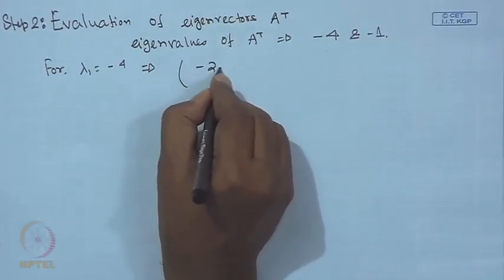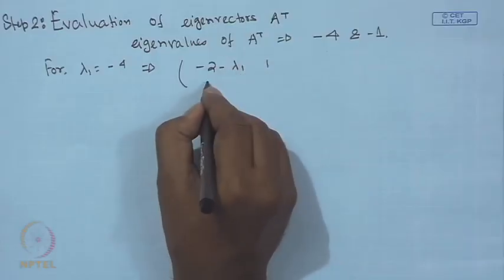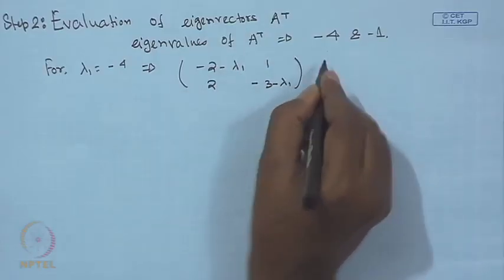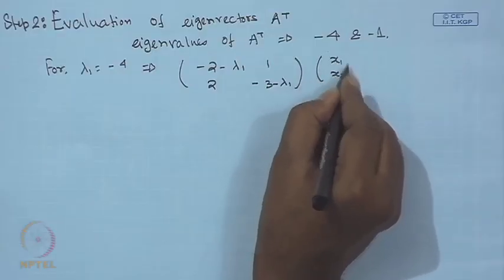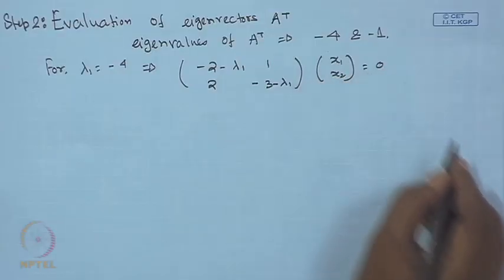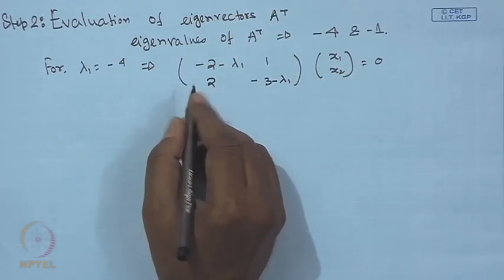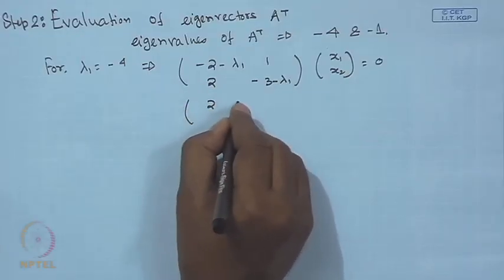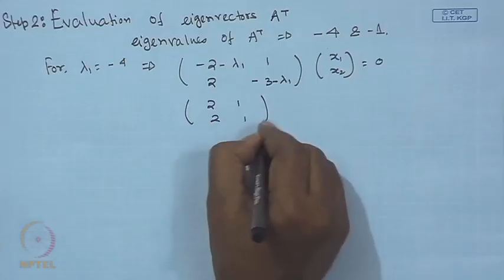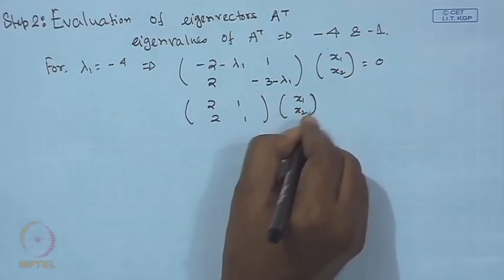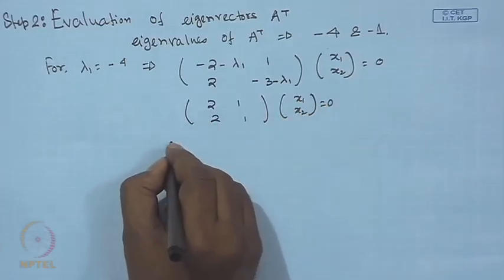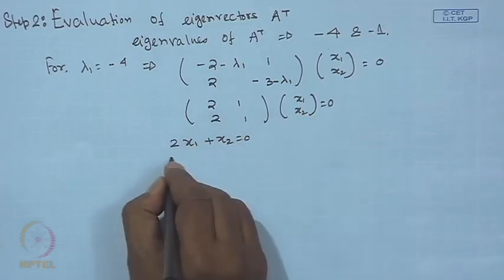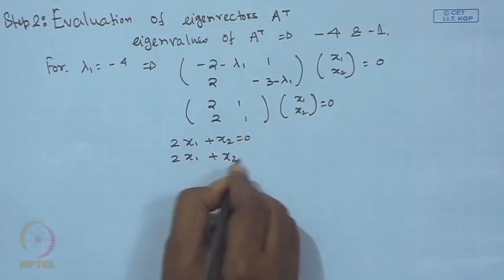So, -2 minus lambda 1, 1, 2, -3 minus lambda 1, times x 1, x 2, the elements of this vector, is equal to 0. If we put lambda 1 is equal to -4, you will be getting 2 1, 2 1, times x 1, x 2 equal to 0. So, you will be getting 2 x 1 plus x 2 is equal to 0 from this, and 2 x 1 plus x 2 is equal to 0.